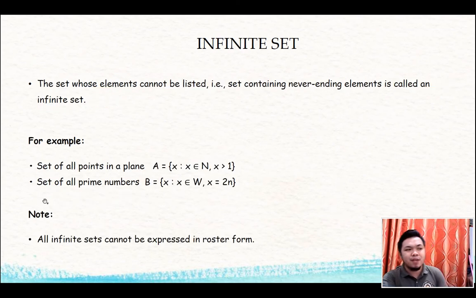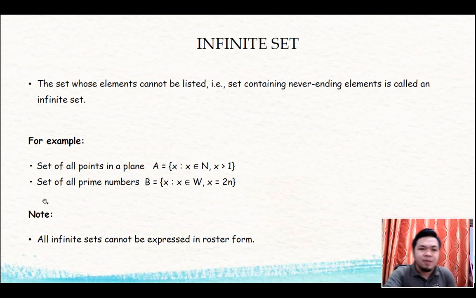So, ito naman yung infinite set. Infinite set, the set whose elements cannot be listed. Example, set containing never-ending elements is called an infinite set. Example natin na ito po. Set of all points in a plane.